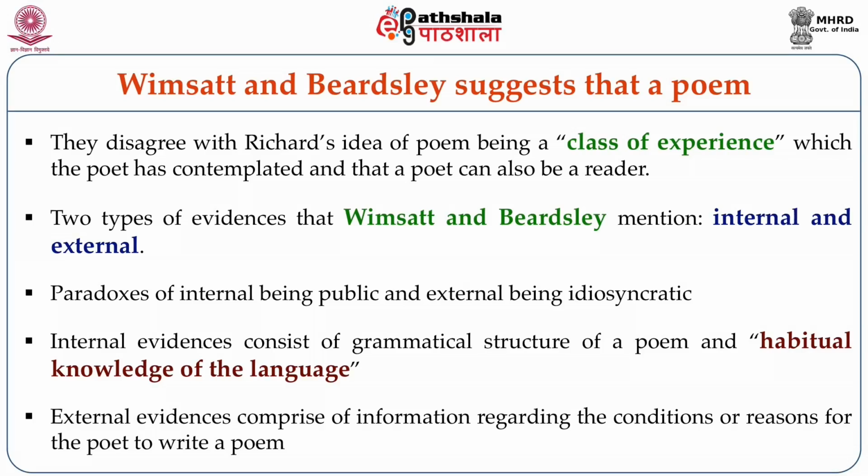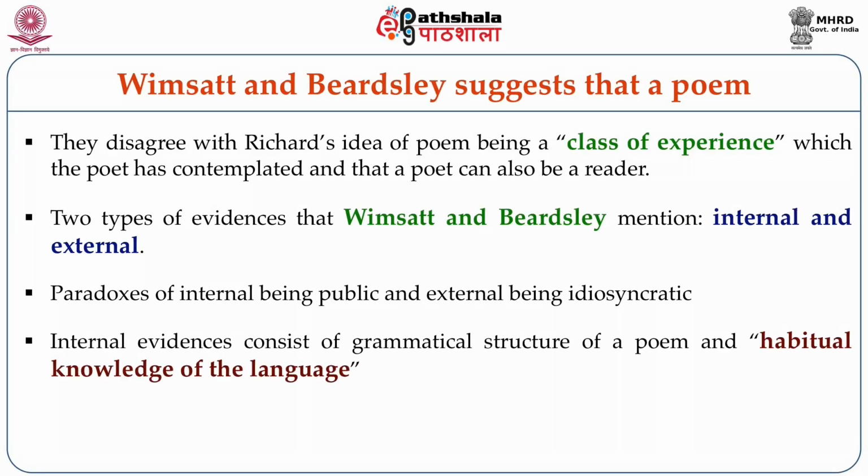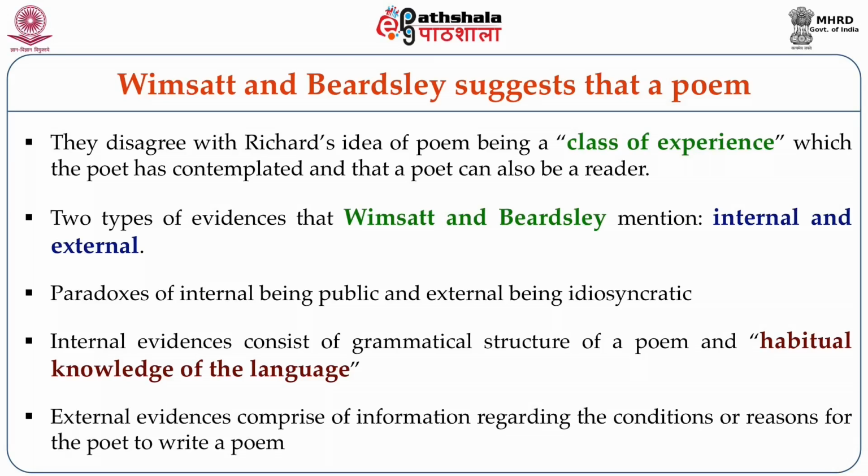Two types of evidence Wimsatt and Beardsley mention: internal and external. Now, the paradox is that internal is public and external is idiosyncratic. Internal evidence consists of the grammatical structure of a poem and habitual knowledge of the language. External evidence comprises information regarding the conditions or reasons for the poet to write a poem.